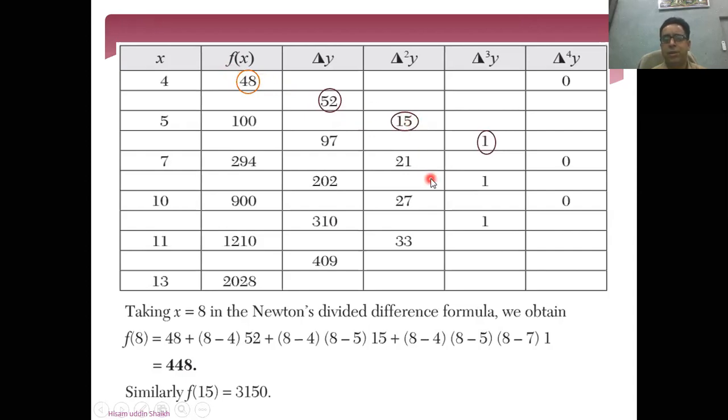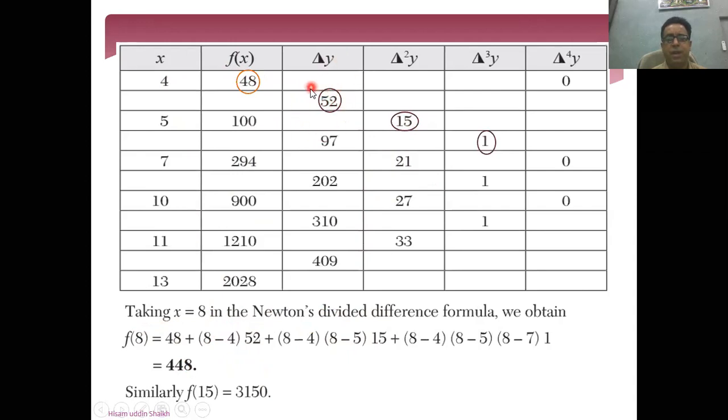You can easily calculate, just like in the example: x is equal to 8. Put in the formula: 48 is y naught. X minus x naught, x is 8, the interpolated value, x naught is 4.